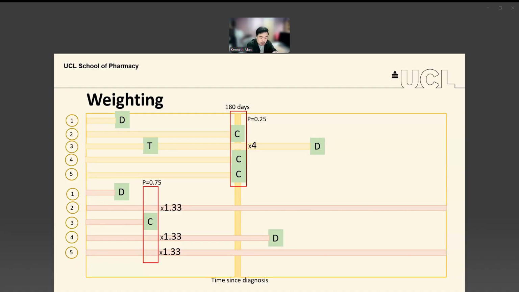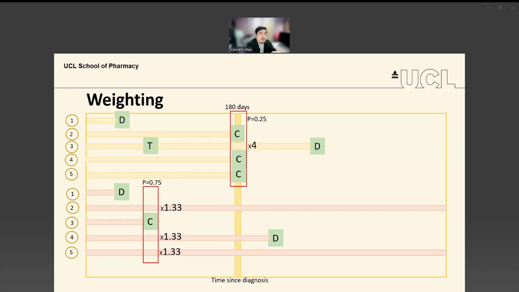And in that sense, we could also incorporate at least the G-formula into a clone censor weighting setting. They are not mutually exclusive. You could use them all at once, or even put in a marginal structural model towards the follow-up time. So they are all usable and sometimes could be used at the same time.